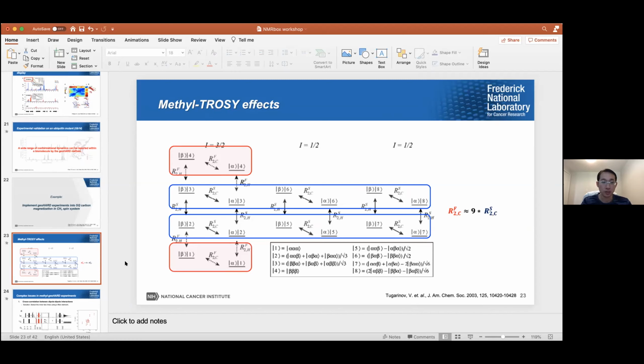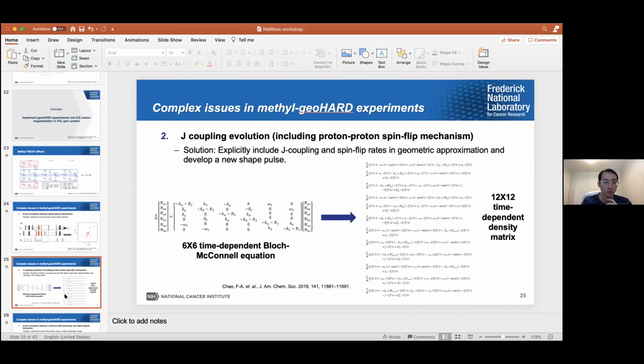We did it without full deuteration, and that should not be a problem, because we also consider the case where you do have the external proton. That's why I introduced this additional term in our calculation. But in the amide one, we developed a new pulse sequence to correct that problem, which we published in 2016.